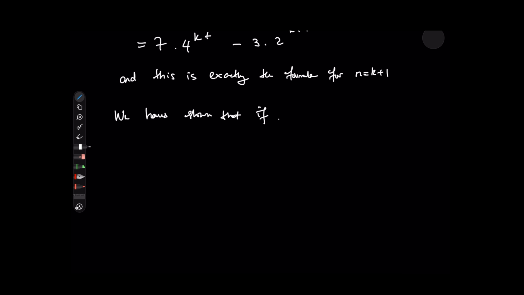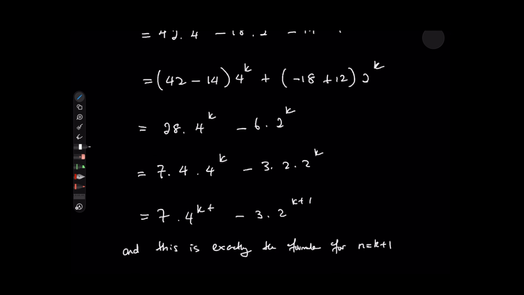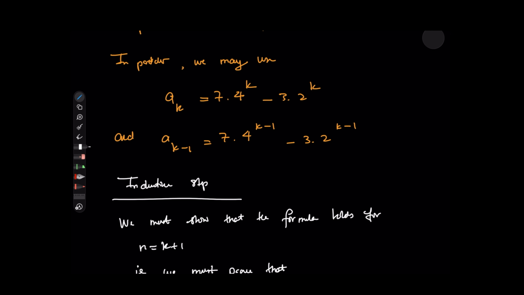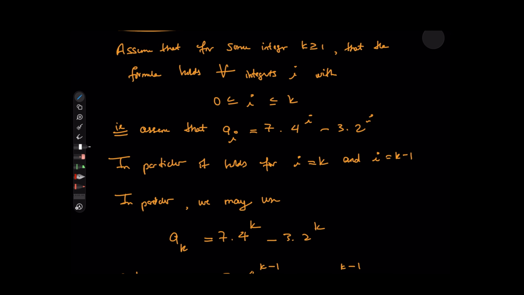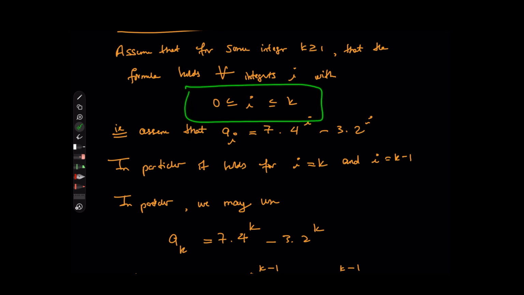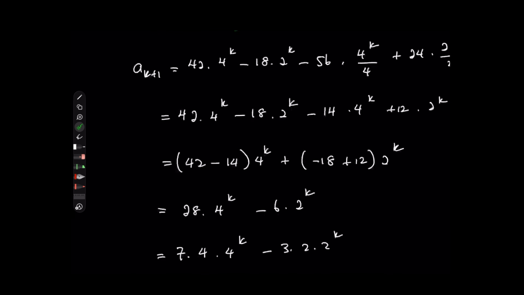So we have shown that if the formula holds for all values, because remember we created a new bound for our values, all values up to k, because remember I said up to k, right? Not after k, because of this here, right? Remember it was greater than or equal to 0 but less than or equal to k, so up to k. So we stopped at the k value.